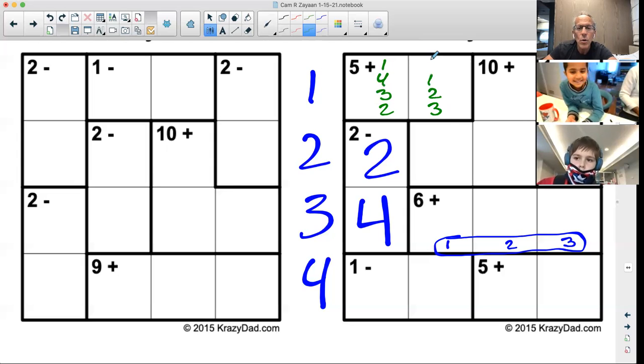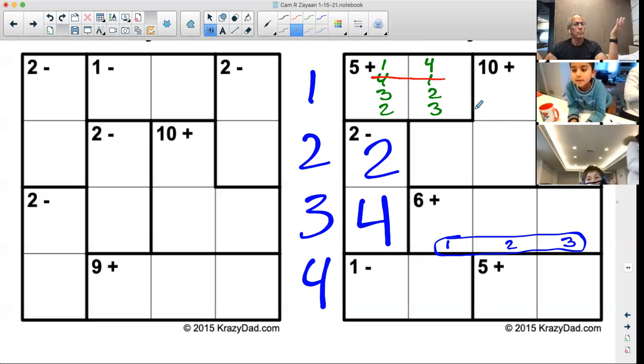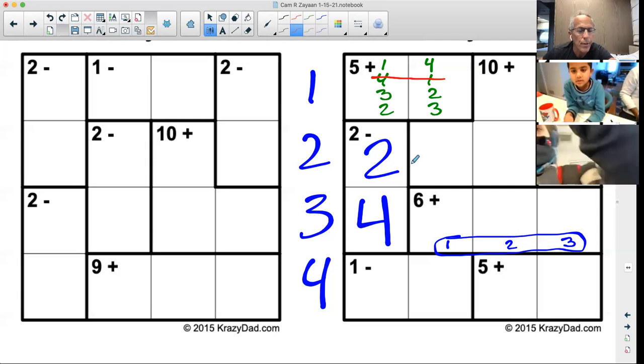Now, boys, which ones can we say definitely cannot work? Are we allowed to do 4, 1? Well, we cannot put 4 in a column next to the 5 because then it would be 2 4s. That would make it not good. And Cam, what's the other one we have to take away?